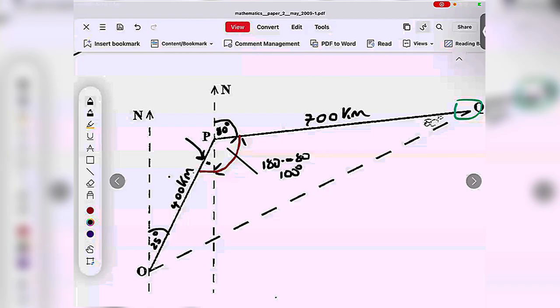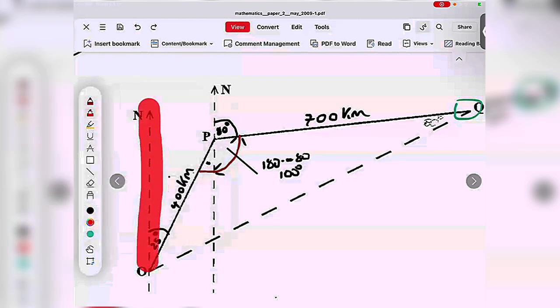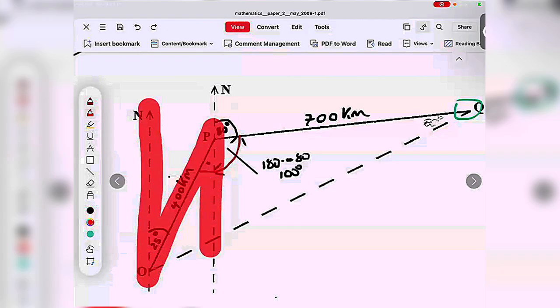It's the last letter of the alphabet. Antonia said it's Z. It's a Z angle, right? Correct. I'm using a different color ink so people can see what I'm doing. See the Z here, the Z there.